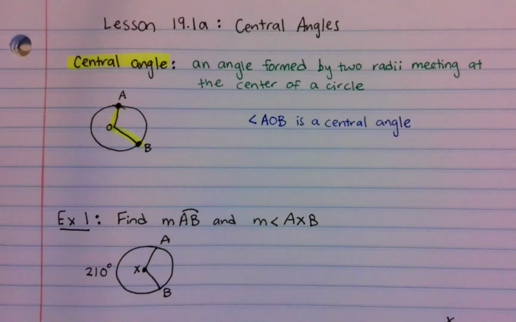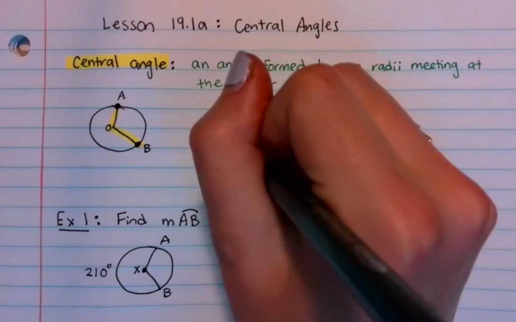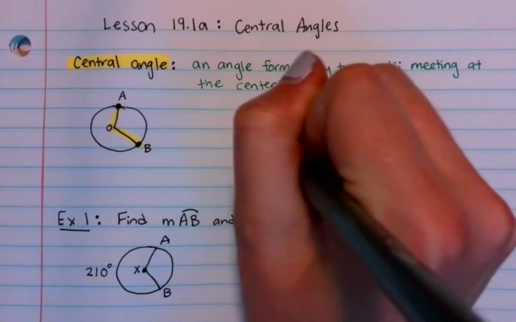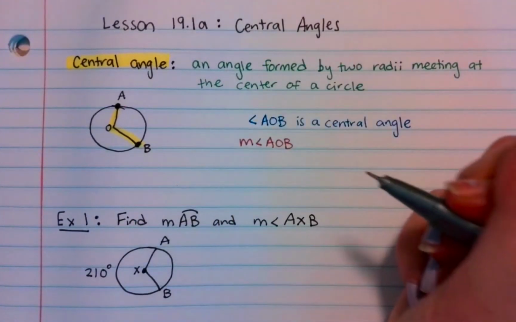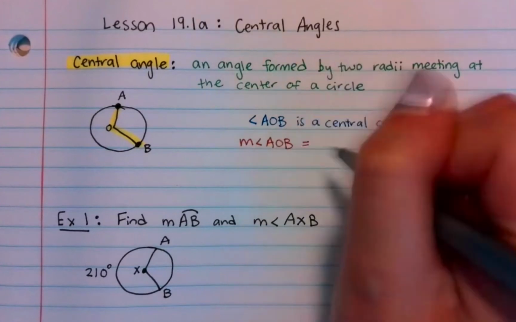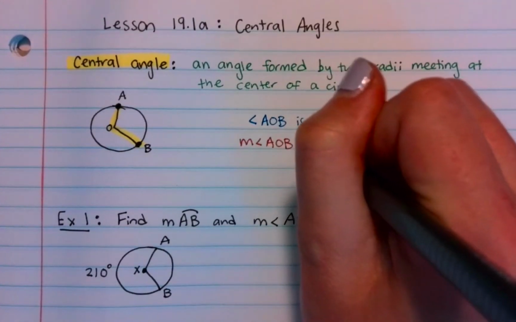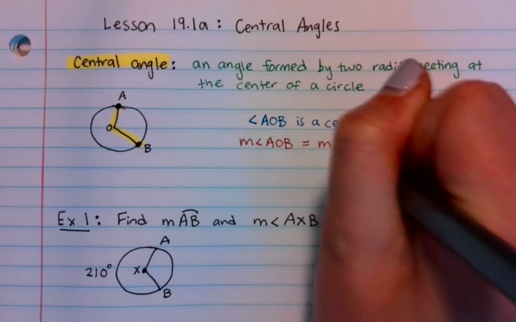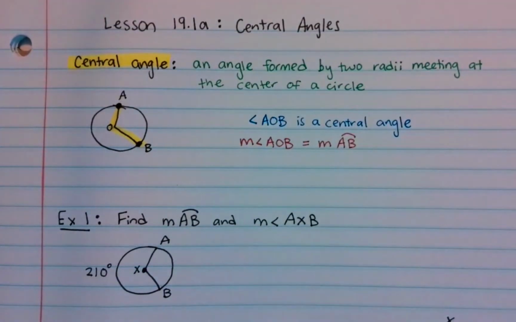And then a really important fun fact about that angle is that the measure of angle AOB, and of any central angle, is equal to the measure of its intercepted arc. So that would be equal to the measure of arc AB. And like I said, that's true of any central angle.